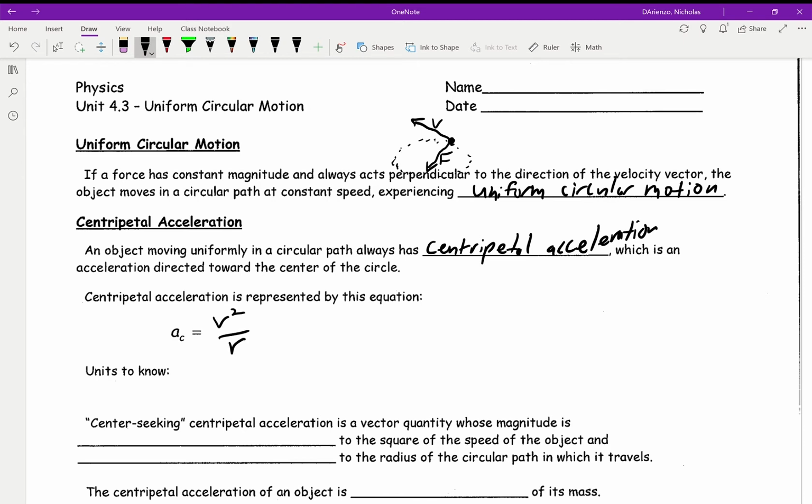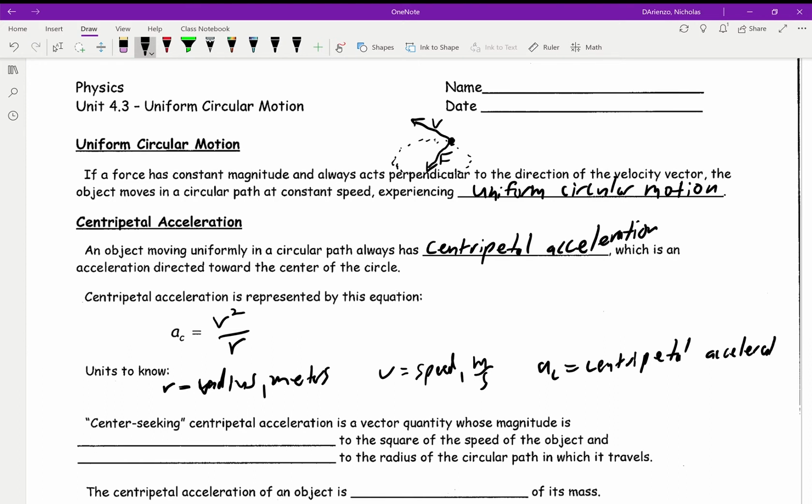That gives us an equation to solve for centripetal acceleration, where r is the radius in meters, v is the speed in meters per second, and a sub c is centripetal acceleration, which has the same units as any other acceleration, meters per second squared.